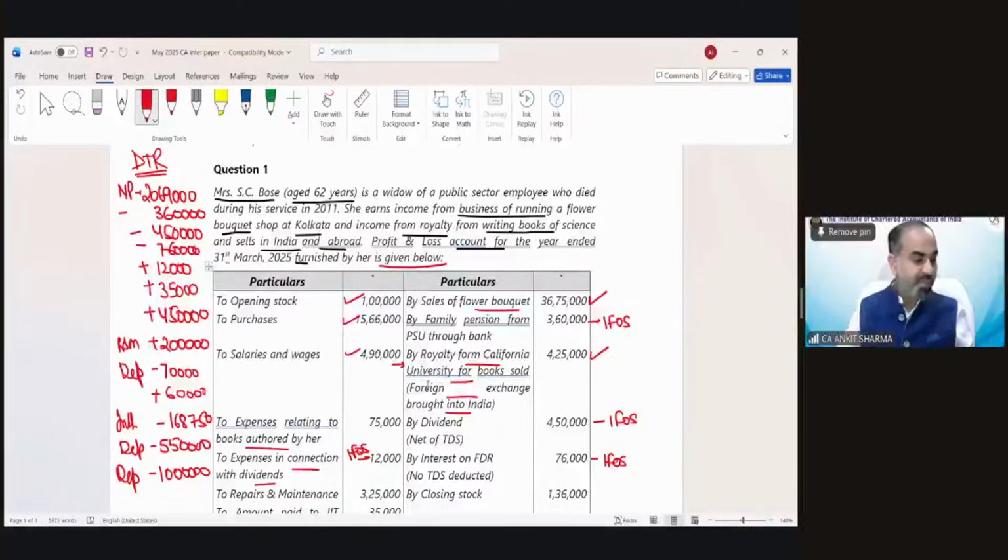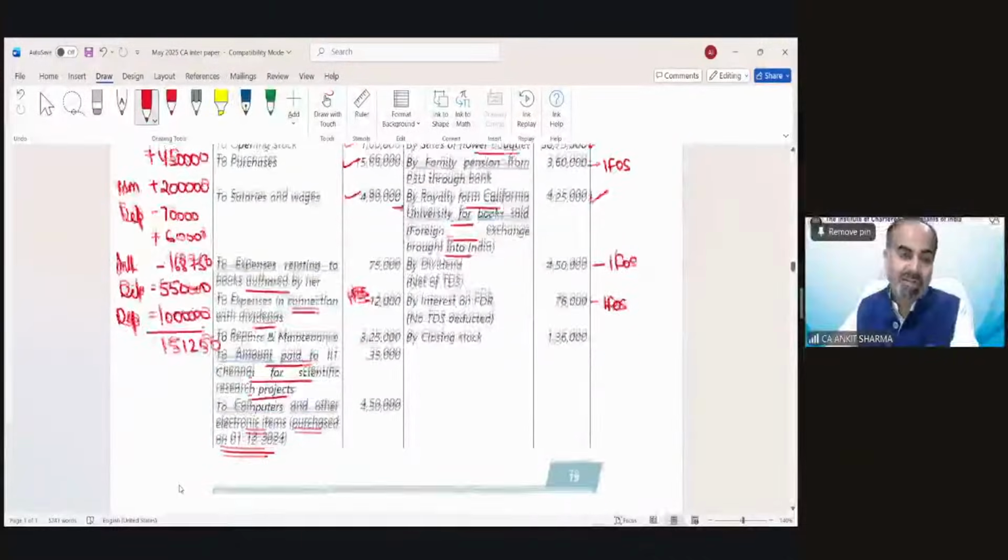So that would be 151,250. This is my business income under default tax regime.